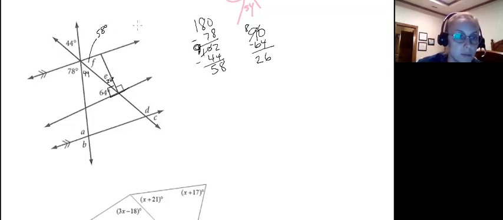Okay, now we have this symbol that these are parallel lines. So let's draw that out a little bit. We have this as a parallel line, and this is a parallel line, and we want C and D down here. So I'm going to look at the line that touches C and D as the transversal.